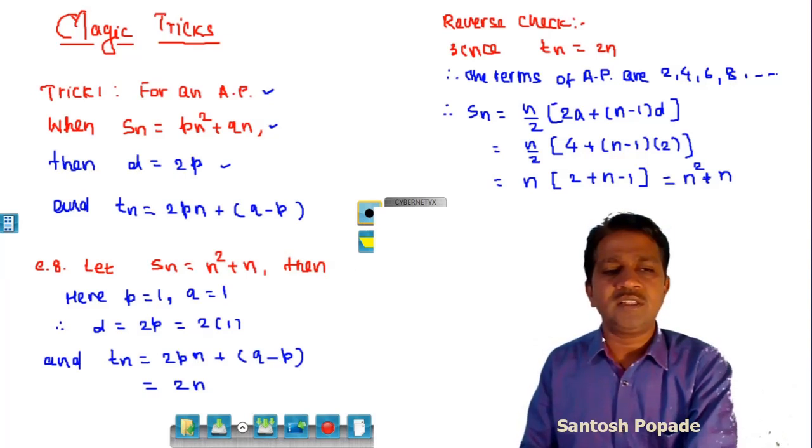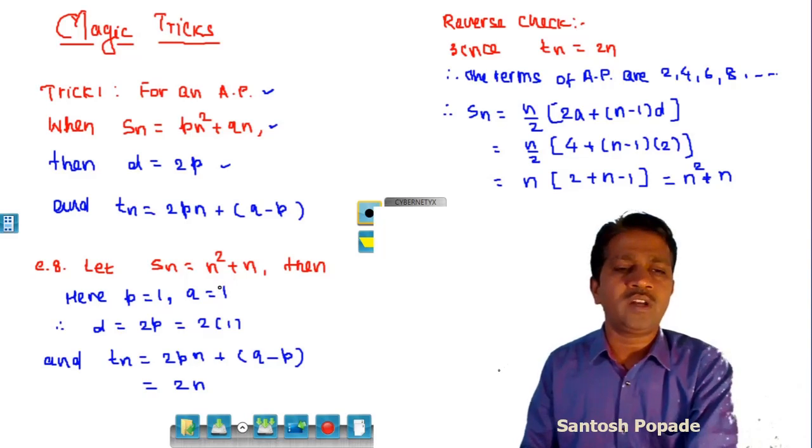So let us consider one example. We are given the formula for the sum of n terms of an AP as n square plus n, and we are interested in the common difference and the nth term of this AP. Using the formula for the nth term you can find any term.